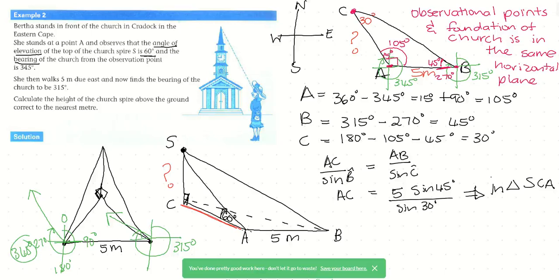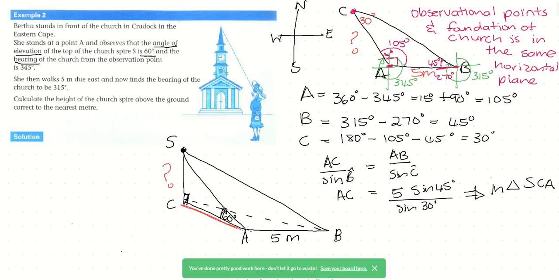I'm going to erase this diagram on the side here and just continue this work over here. Okay, so in triangle SCA, we have the right angle in this triangle, that is opposite, and we've got adjacent. So I know that this is going to become tan 60 degrees equals SC over CA, or AC. Okay, we know what AC is, and we need to rearrange this to get SC by itself.